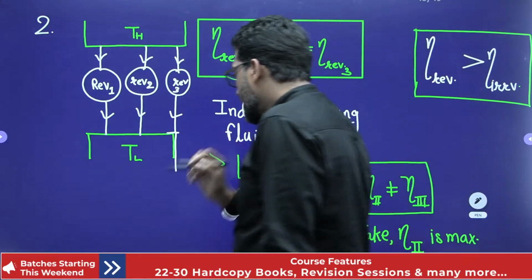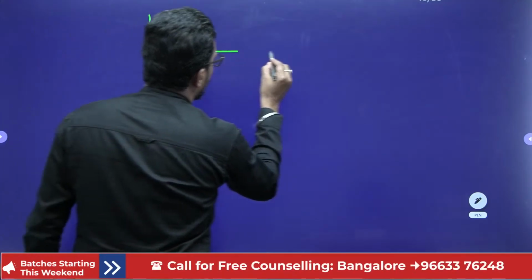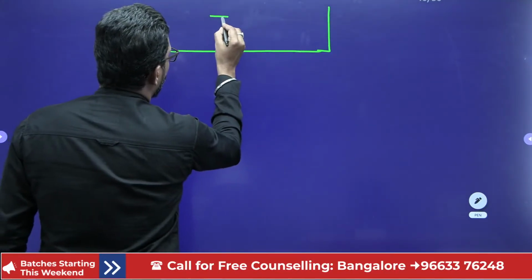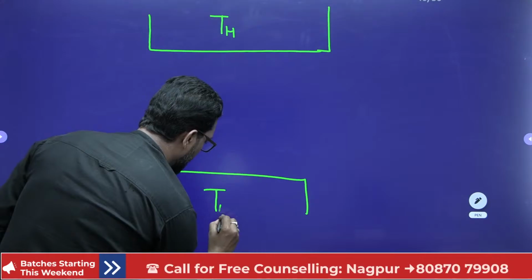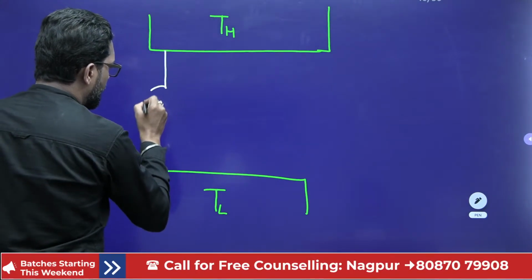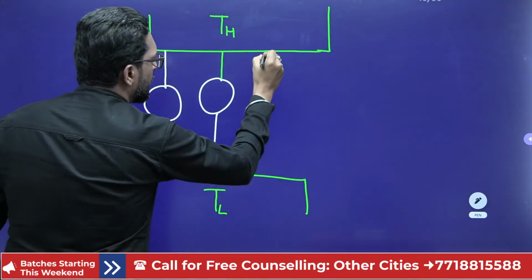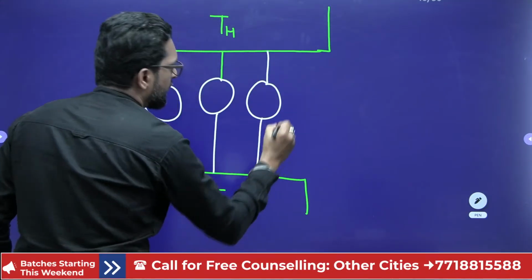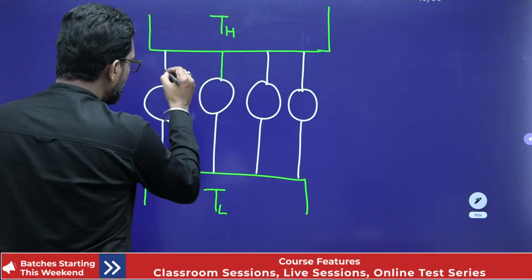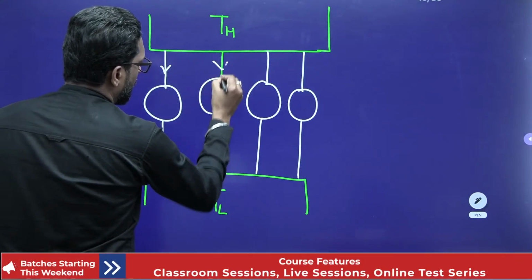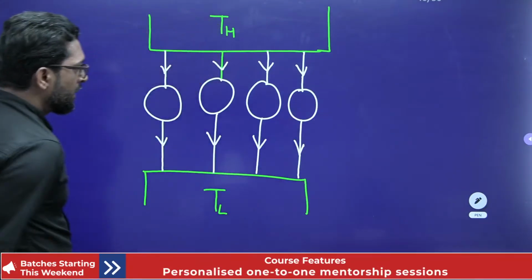That means, sir, if this is our upper thermal reservoir TH, and this is our lower thermal reservoir TL, and let's suppose there are different heat engine cycles.